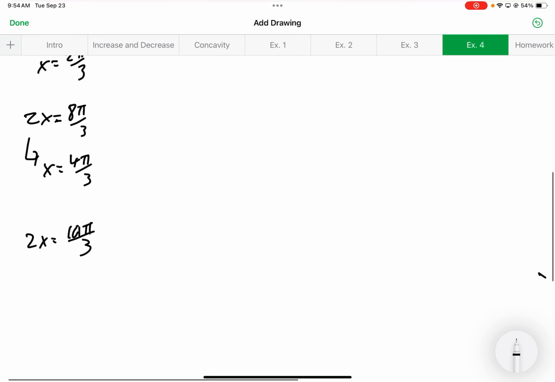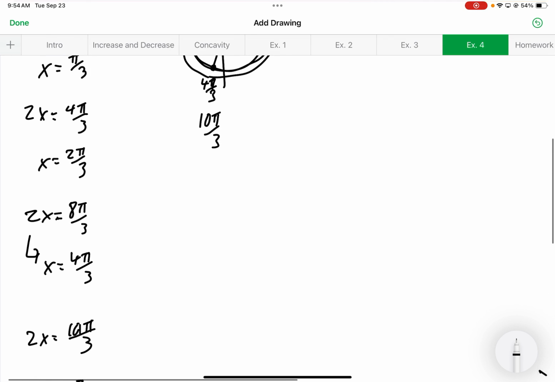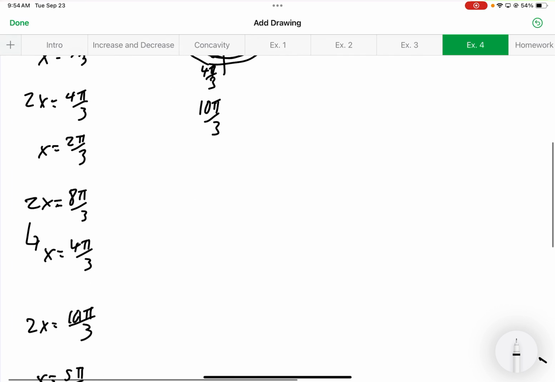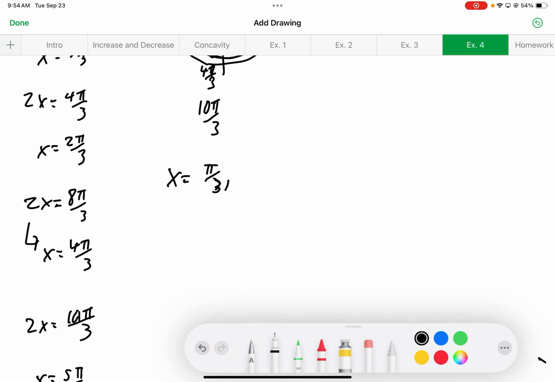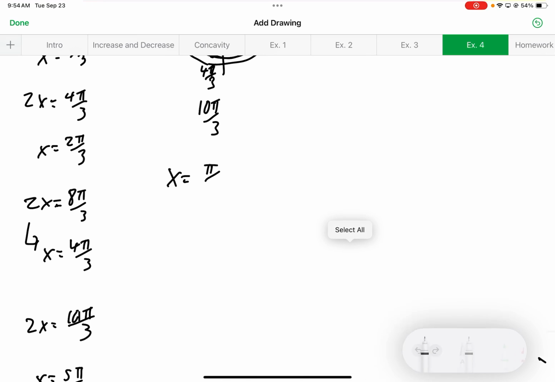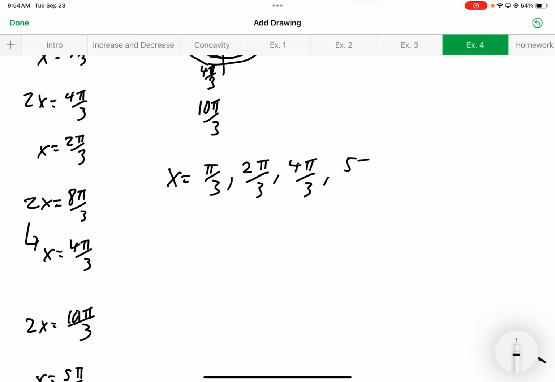And then multiply by a half again, and I would get 5 pi over 3. So then it looks like my solutions are going to be x equals pi over 3, 2 pi over 3, and then skip to 4 pi over 3 and 5 pi over 3.